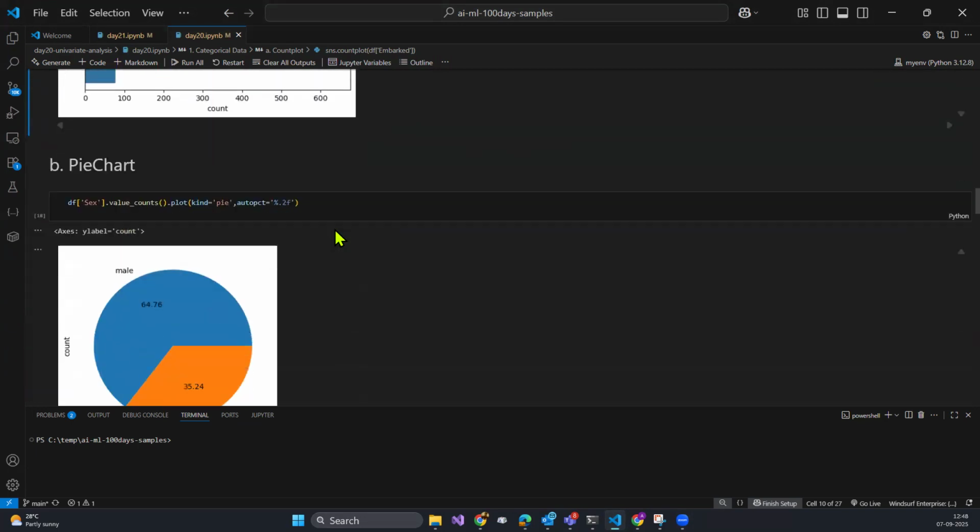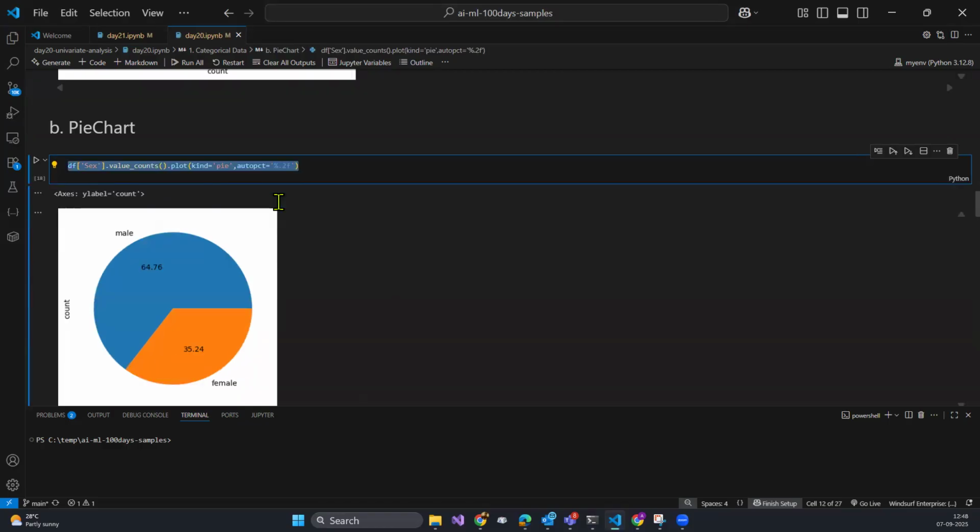Right. And next way of exploratory analysis we can do is a pie chart. For a pie chart, if we would like to see the distribution of sex across the data set.